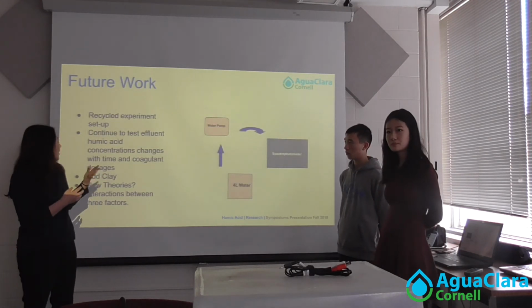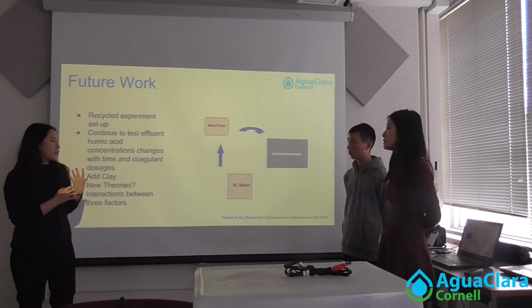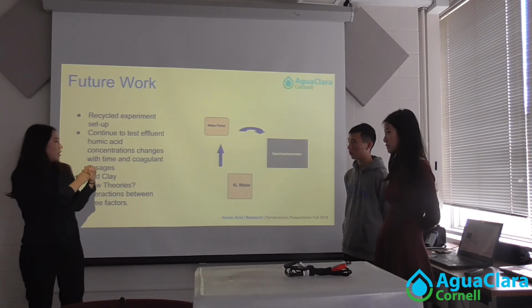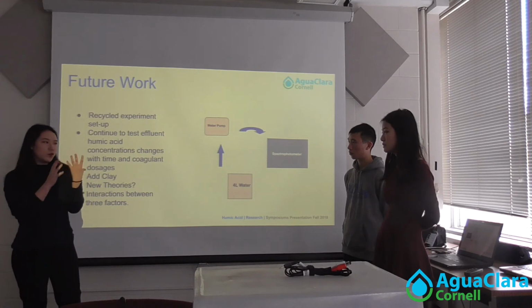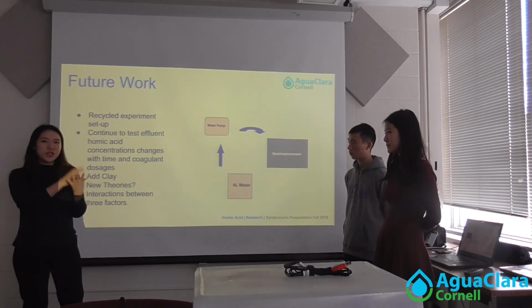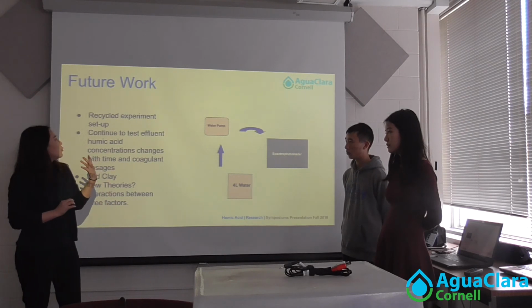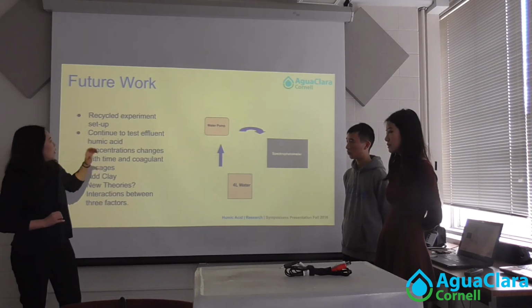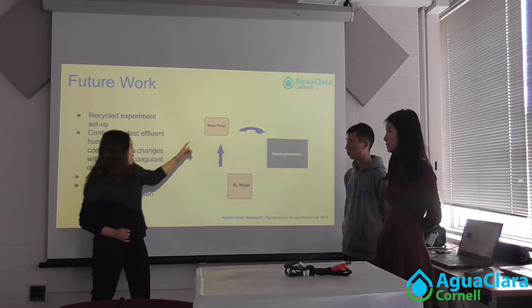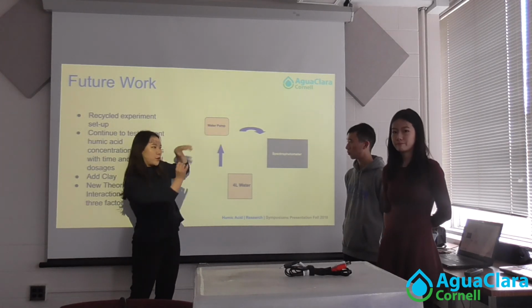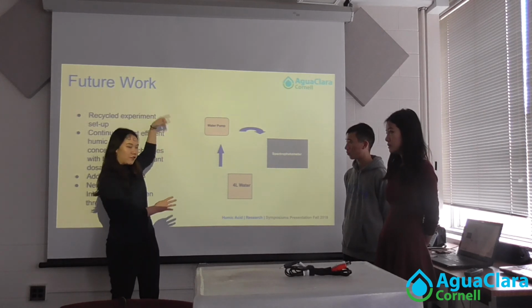So for the last two tests that we did, we understand the relationship between turbidity and absorbance for clay, and the concentration of humic acid and the absorbance of humic acid. For our future work, what we want to do is make a recycled experiment where the system would run on its own and we wouldn't introduce tap water from the pump.